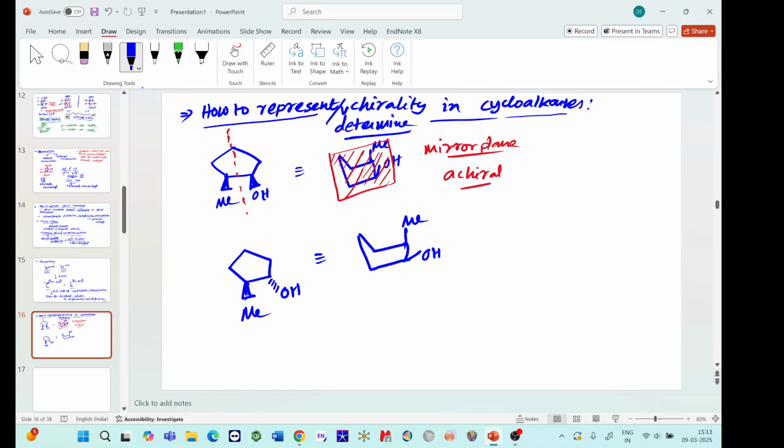Okay, so you can see there is no mirror plane here.